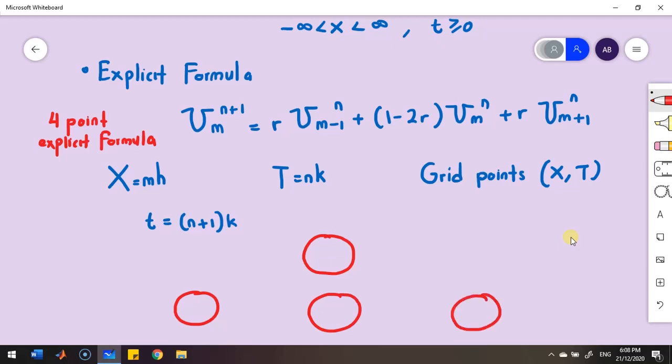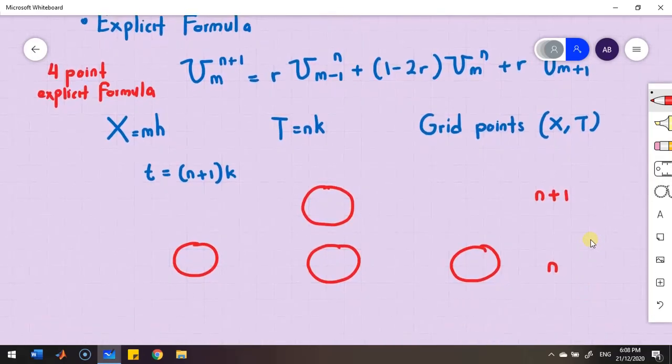So if this is at n plus 1, this is at n. This is the y-axis, and for the x-axis we have m minus 1, m, and m plus 1. So if this is r, this is 1 minus 2r, and r here.